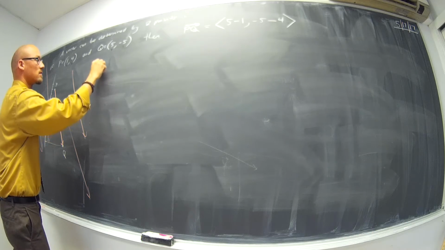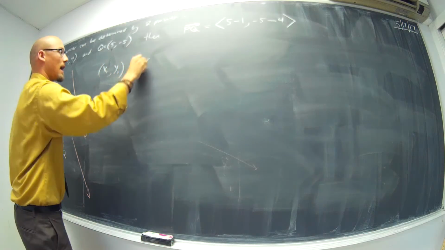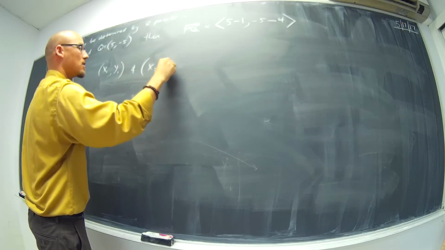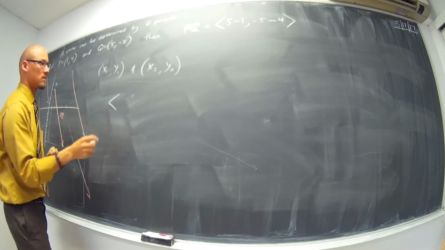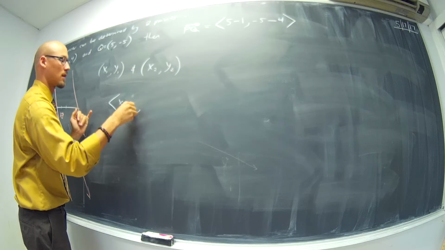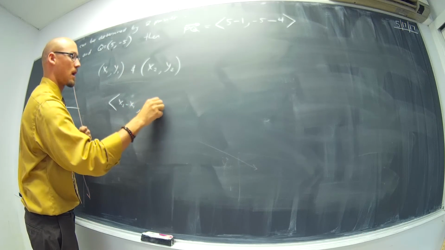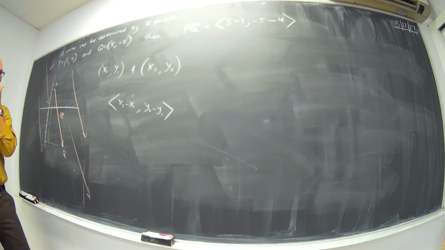If we have 2 points, x1 comma y1 and x2 comma y2, then the vector is the difference: x2 minus x1 comma y2 minus y1. So it's kind of like a slope. Yeah, kind of, sort of.